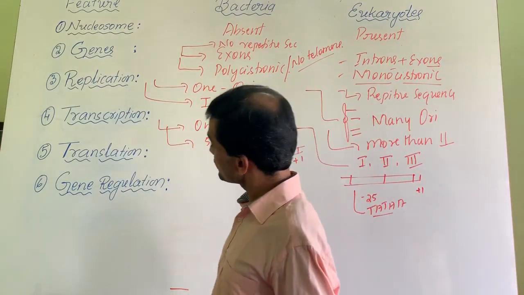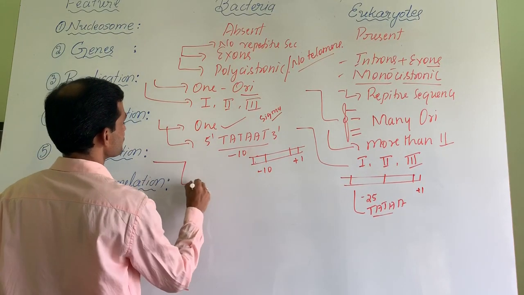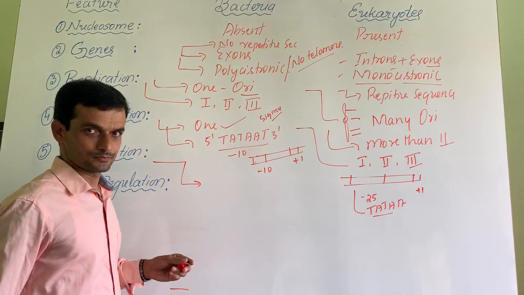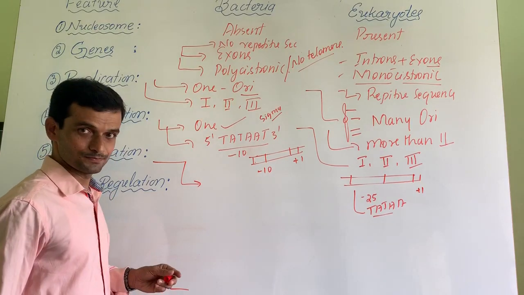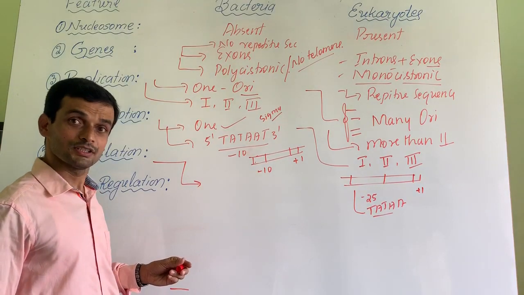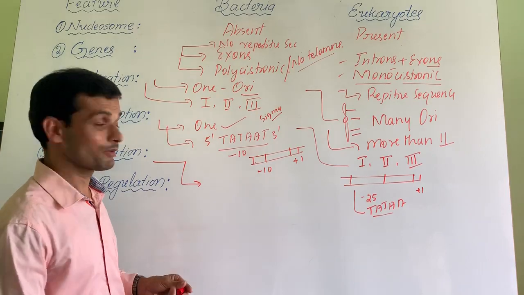Similarly, translation, that is the protein synthesis process, requires tRNA, mRNA, and you have studied that mechanism. Ribosomes are protein factories. Ribosomes of both prokaryotes and eukaryotes recognize a triplet of mRNA with the help of tRNA. But this requires several factors.